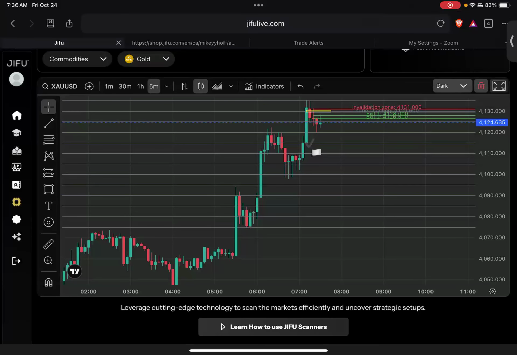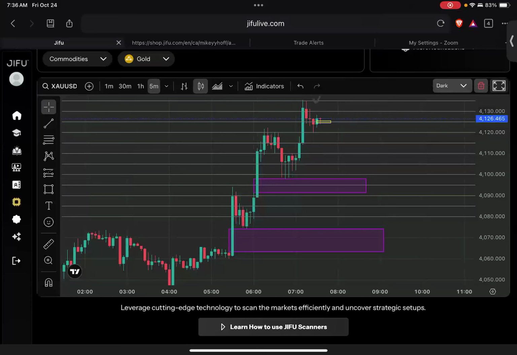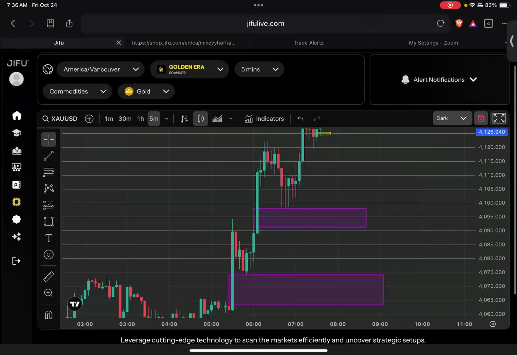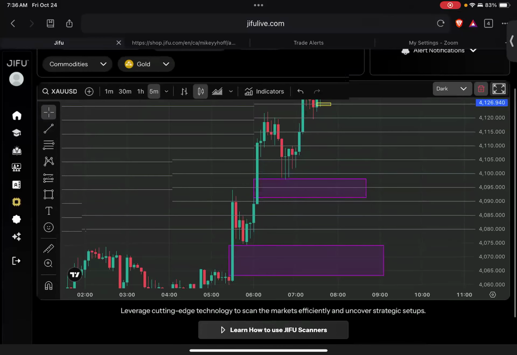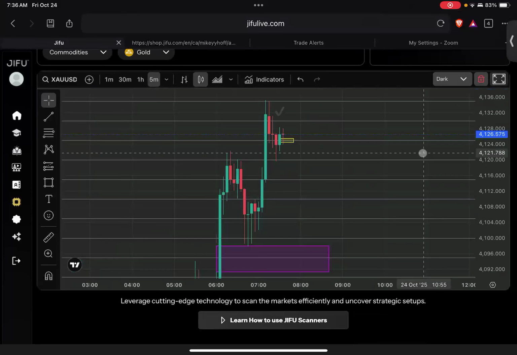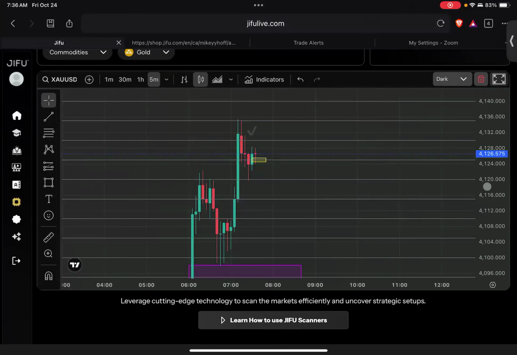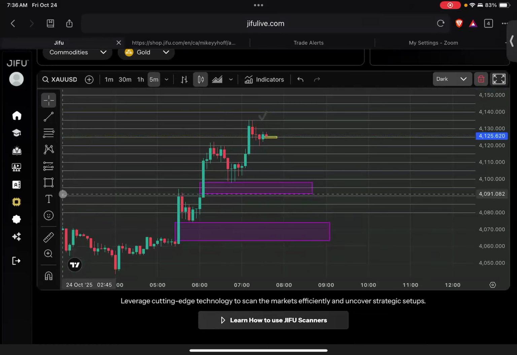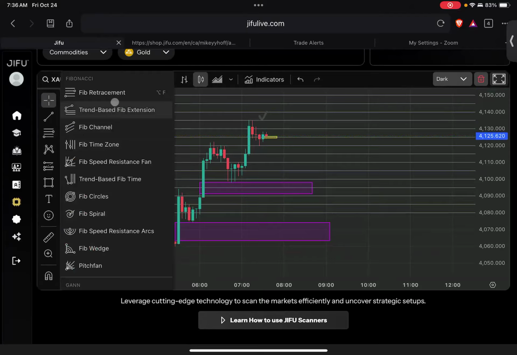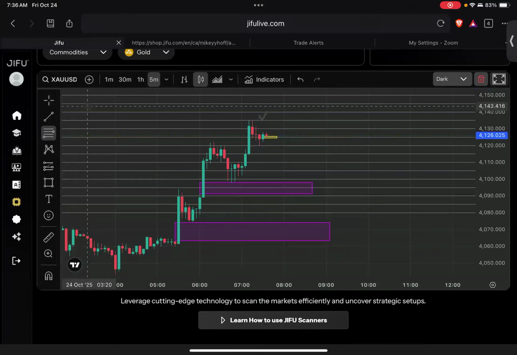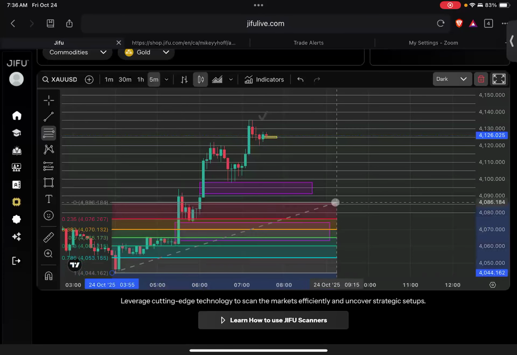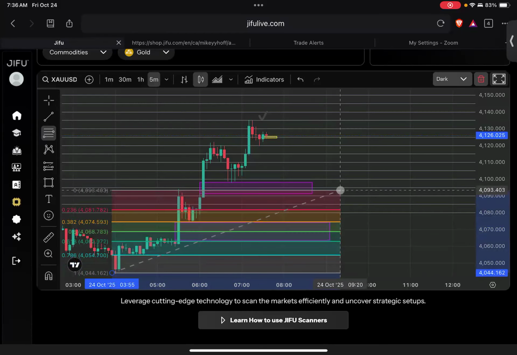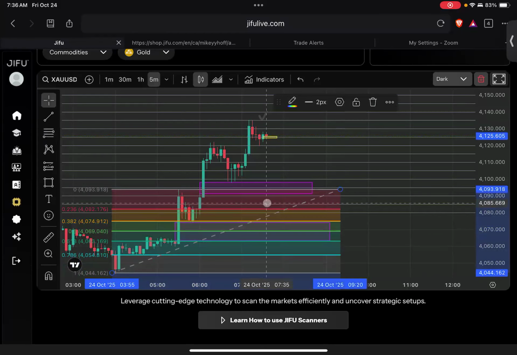Let's see what the scanner is saying here. But I don't know how I feel about this. Let me just see quickly here. Oh, we got 382.